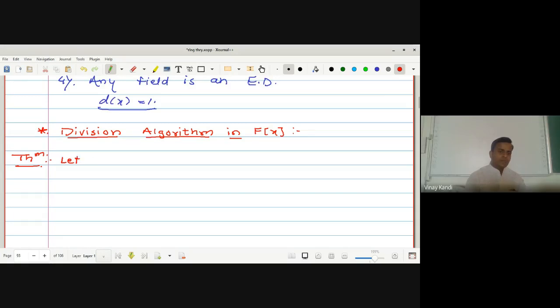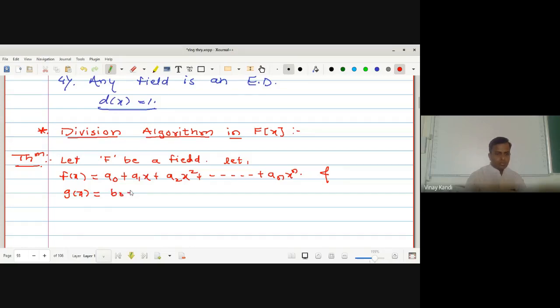Let capital F be a field. Let f of x equal a naught plus a1 x plus a2 x square plus and so on up to an x raised to n, and g of x equal b naught plus b1 x plus b2 x square plus and so on up to bm x raised to m.